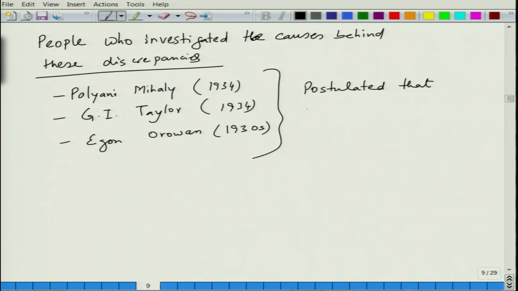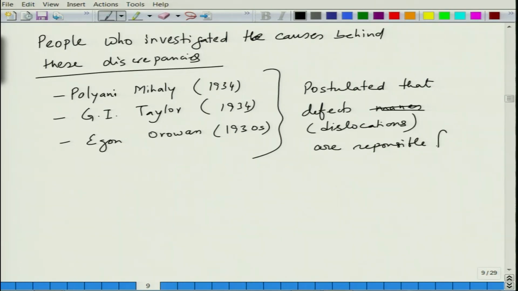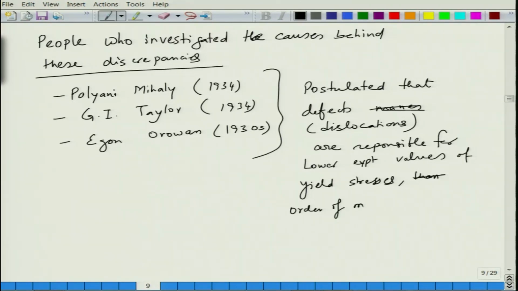that defects, named mainly dislocations, are responsible for lower experimental values of yield stresses, orders of magnitude lower than theoretical values.